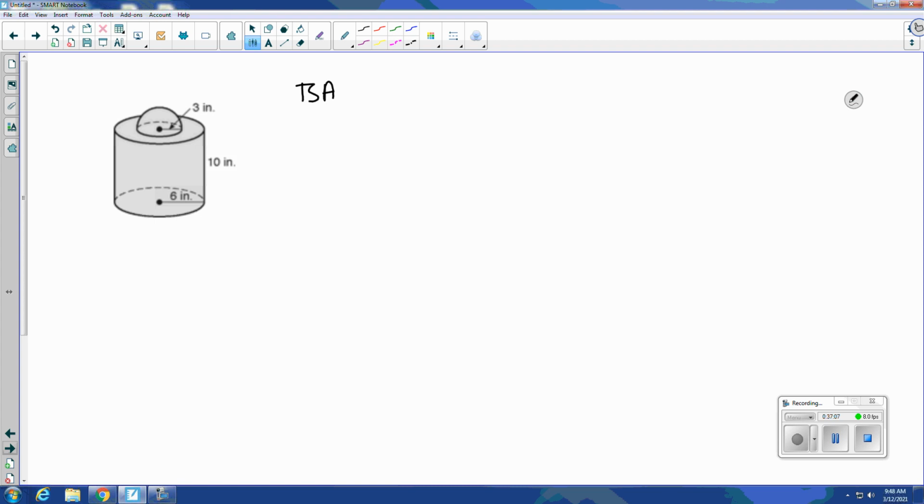So we're going to do total surface area of the cylinder. We're going to have to remove a base of the hemisphere because the hemisphere is covering that region of our cylinder, so we have to remove that.